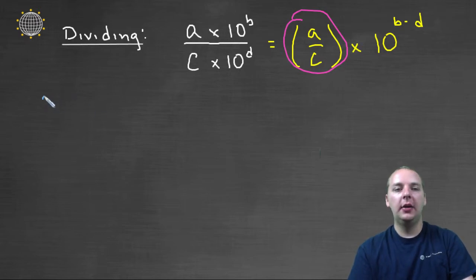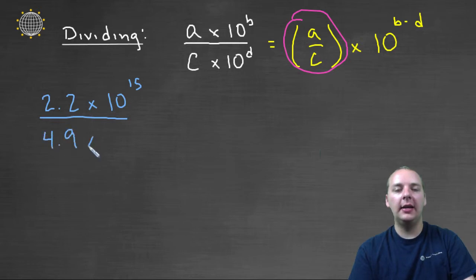Let's say we had 2.2 times 10 to the 15th divided by 4.9 times 10 to the 10th, something like that.